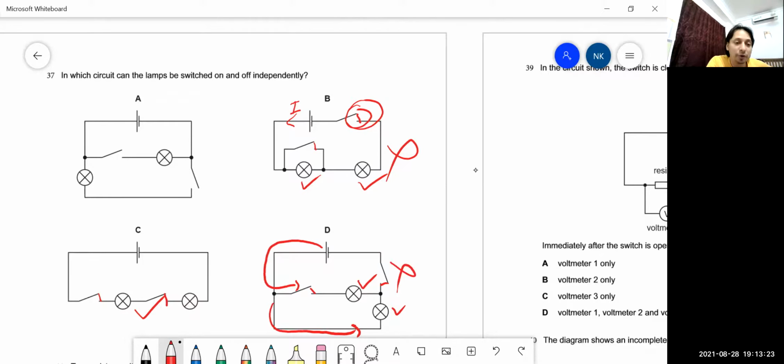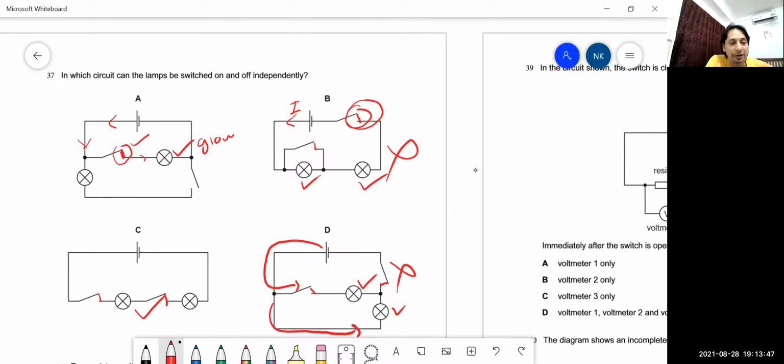So if you go to option A, what happens? Current will pass through if I just keep this switch on this one. And if I keep this switch on, then the current will pass through this bulb and it will make it glow. And even if I open it, then this bulb will get off.